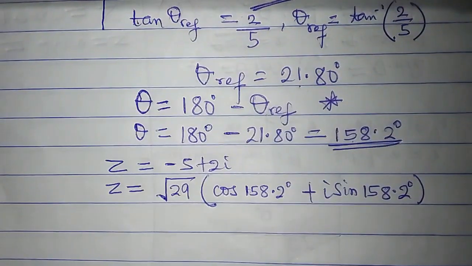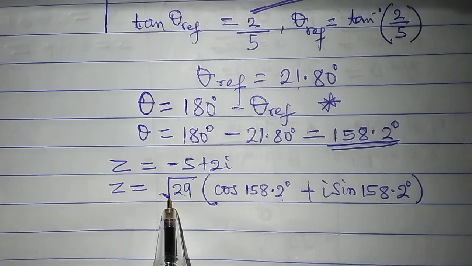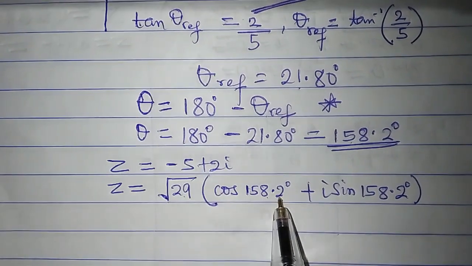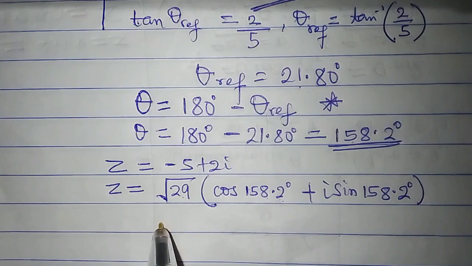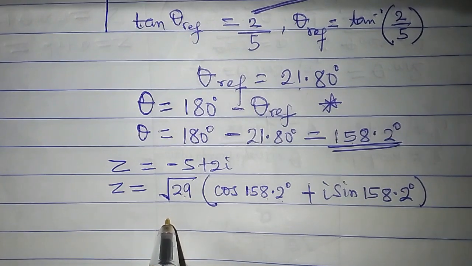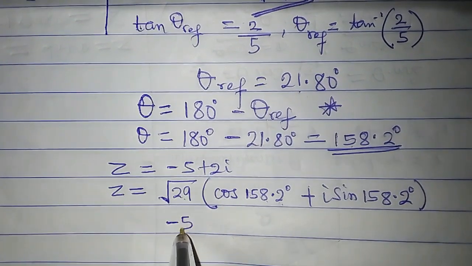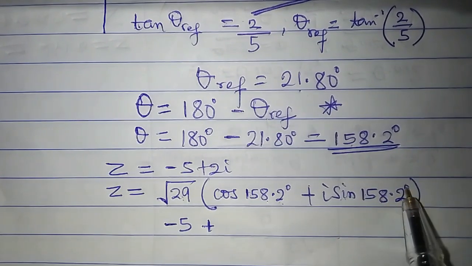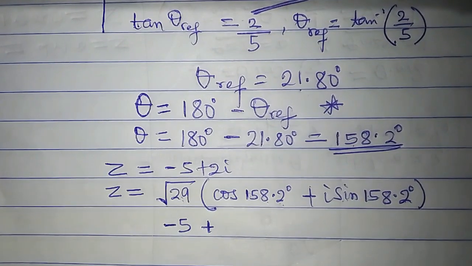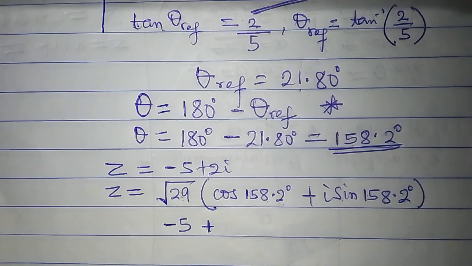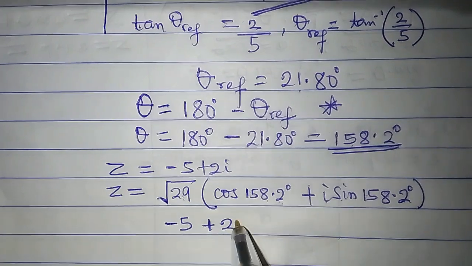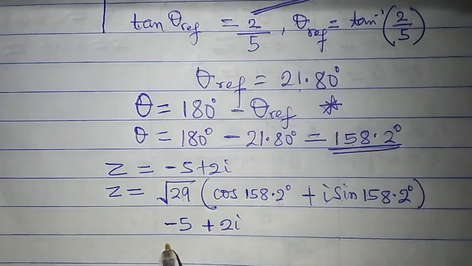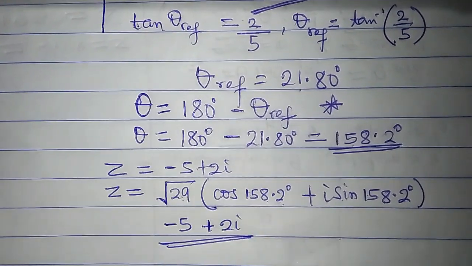Yes, we can take this back to rectangular form. Root 29 times cos 158.2 degrees is minus 5.000. So that is actually minus 5. Root 29 times sine 158.2 degrees is 1.9998, which is equal to, if we round it up to the nearest whole number, 2. So 2 times i, 2i. And that's what we have here. So it is possible to convert back from polar form to rectangular form.